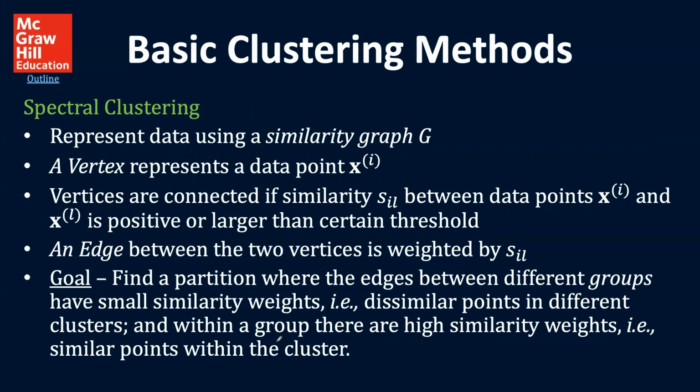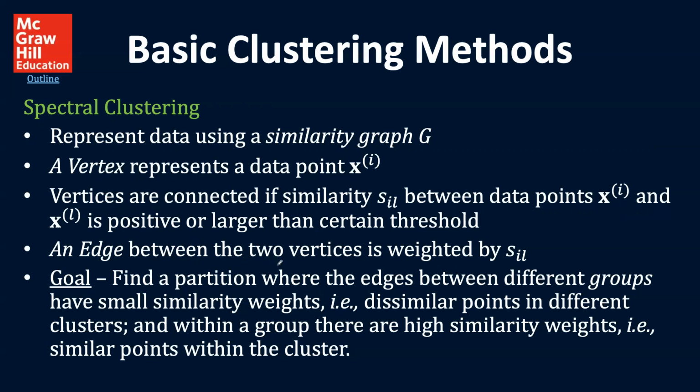We can also have spectral clustering. Here we can represent data using a similarity graph. A vertex represents a data point xi. Vertices are connected if the similarity sij between two data points, xi and xj, is positive or larger than a certain threshold.